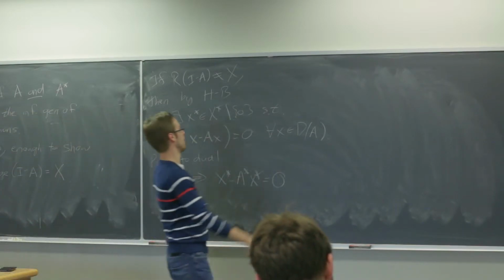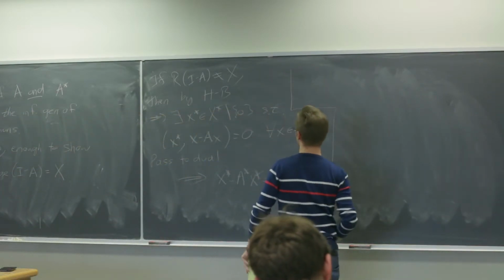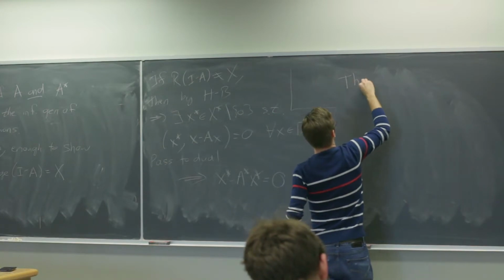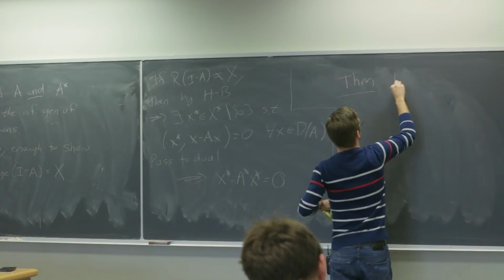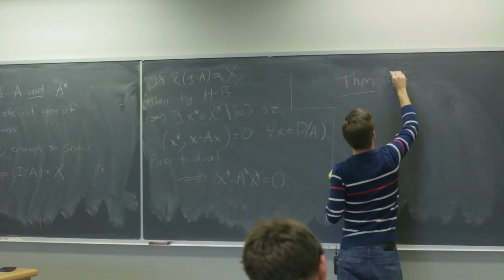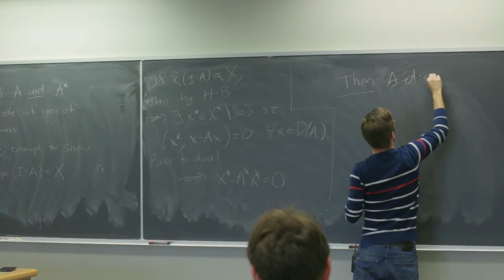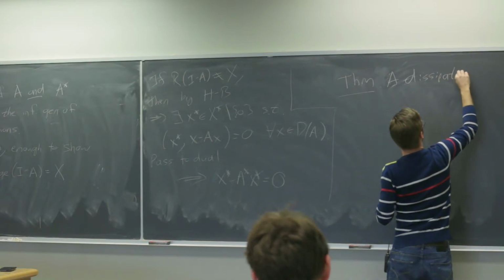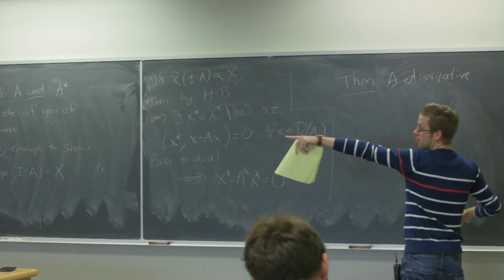Why do I care about this? Well, another machine that I'm going to have to use and not prove is the following. Let's say A is a dissipative operator, so you have this condition over here.